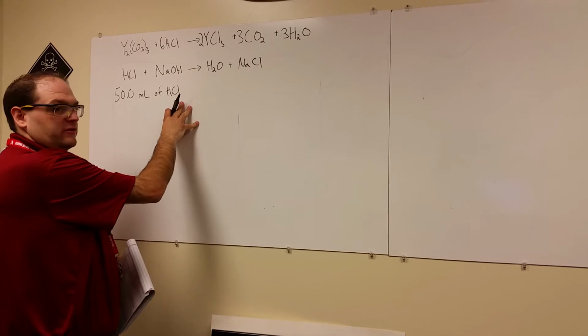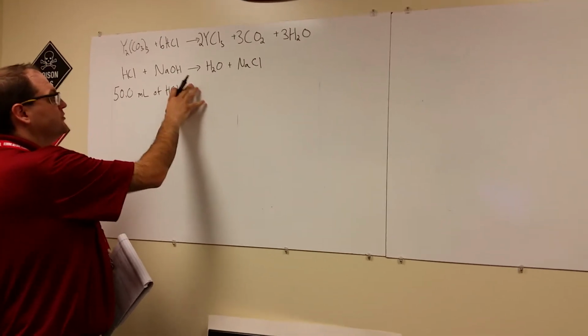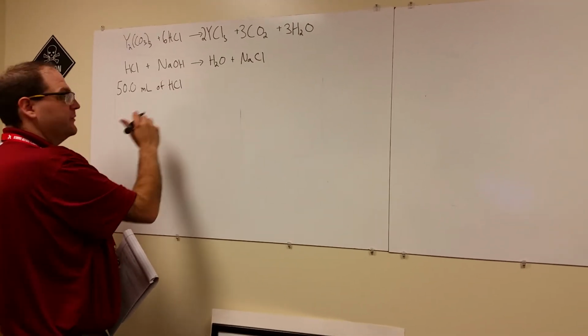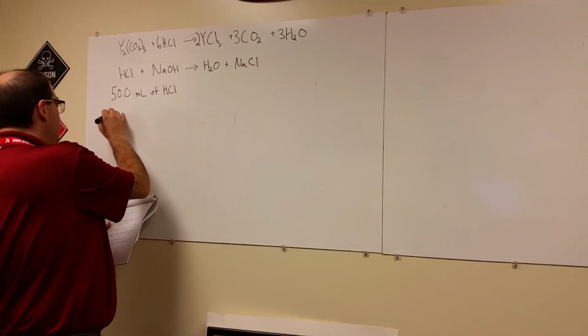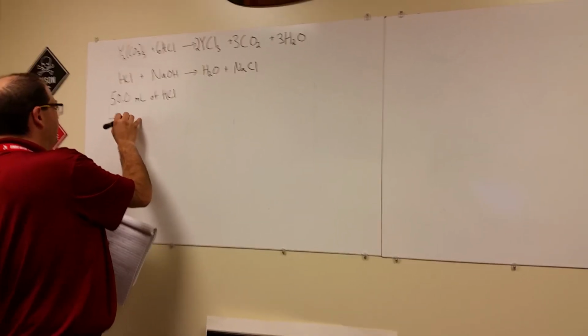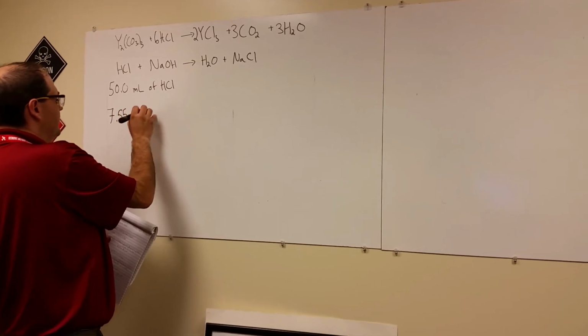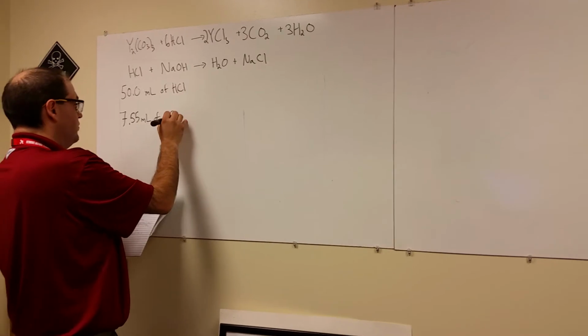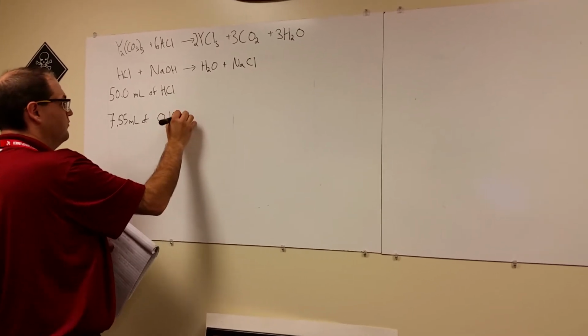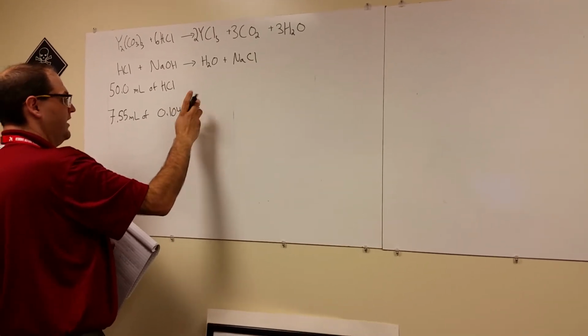The excess hydrochloric acid was neutralized in the second equation with sodium hydroxide. And that was 7.55 milliliters of a 0.104 molar NaOH solution.